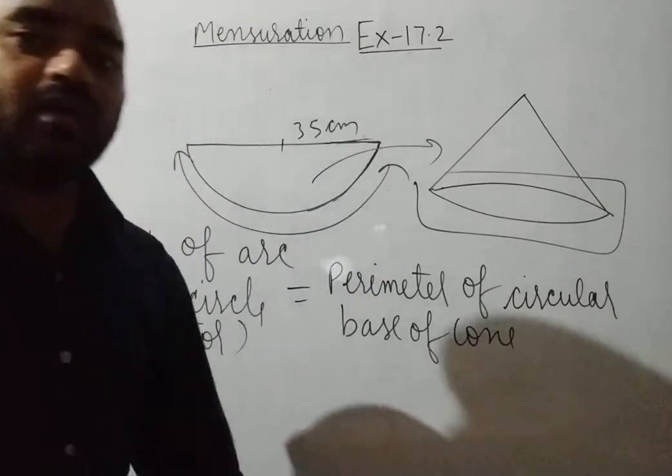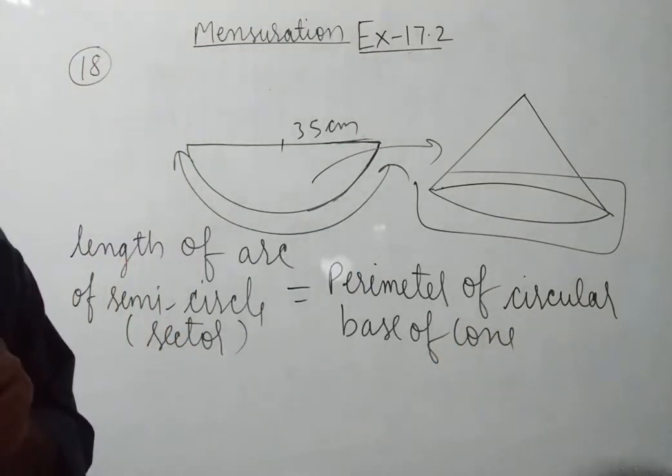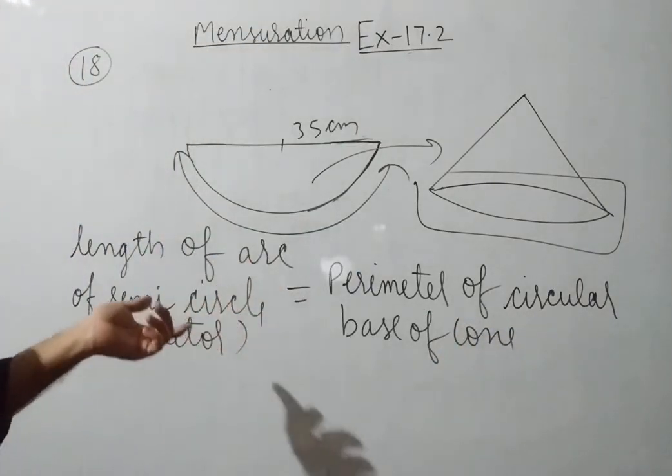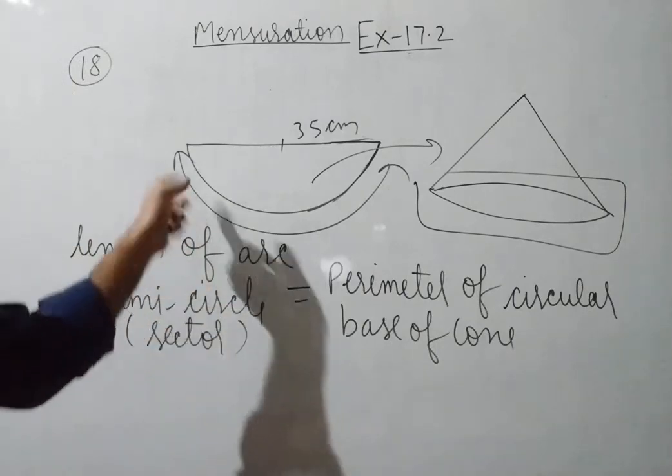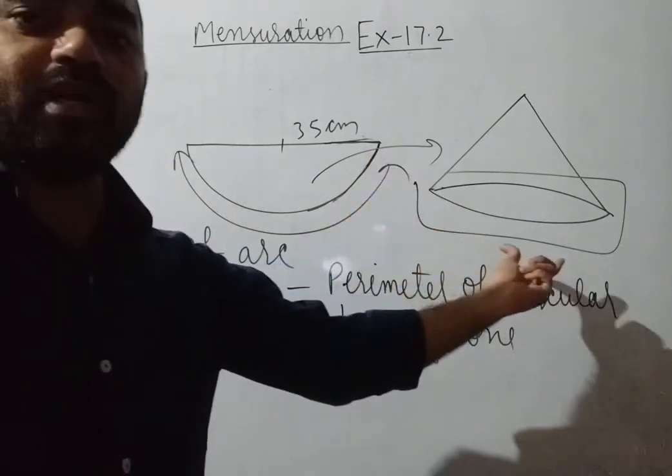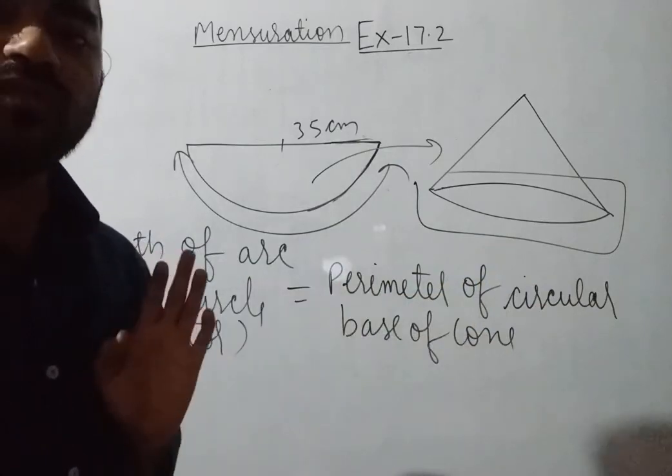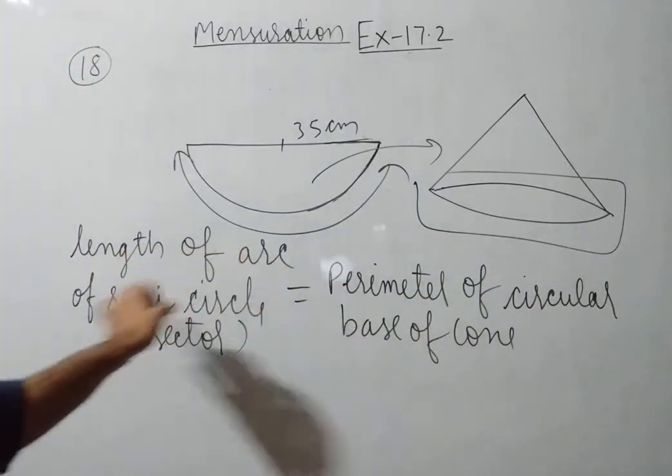We have seen this when I was explaining the curved surface area proof. Clear? The length of arc of the sector will be equal to the perimeter of the circular base of the cone.